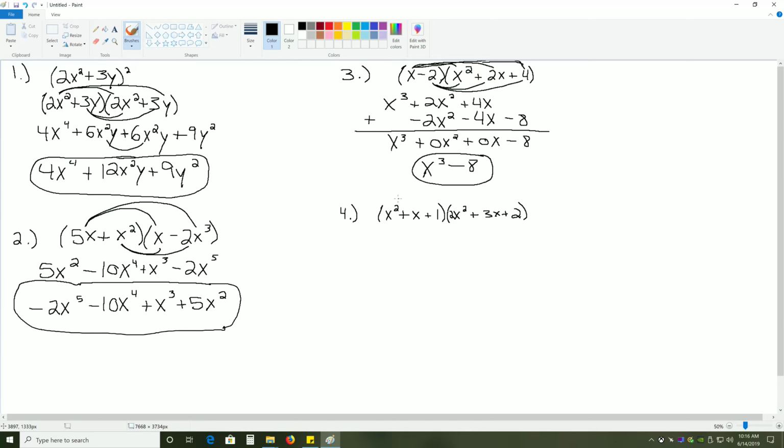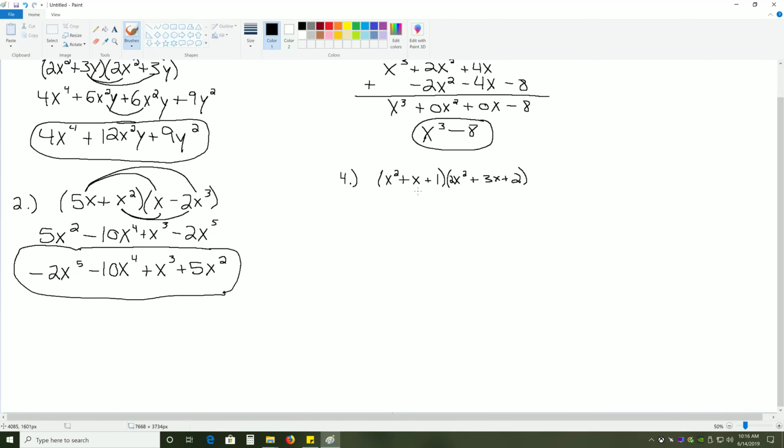Okay, the last problem that we have is this: x squared plus x plus 1 times 2x squared plus 3x plus 2. Whenever you're multiplying two trinomials together, or two polynomials that are bigger than a 3-term polynomial, I suggest using the box method.